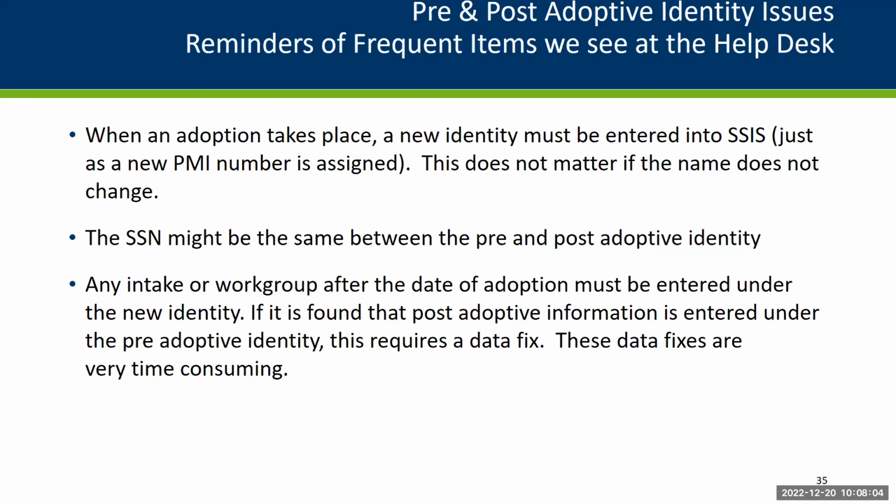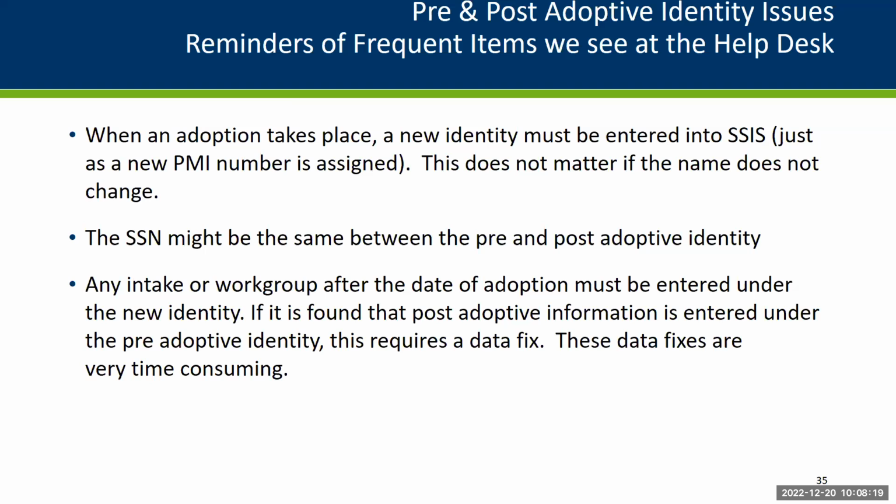We do have a lot of requests for data fixes because work groups or intakes are entered after the date of adoption, and they're entered under the post or the pre-identity. And so now we've got a mixture of pre-post information crossing.